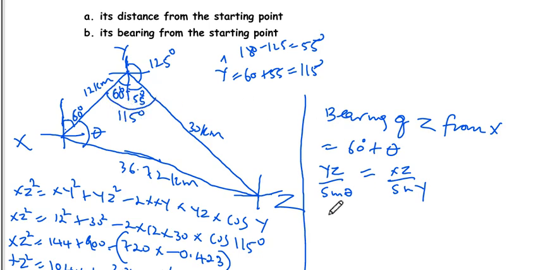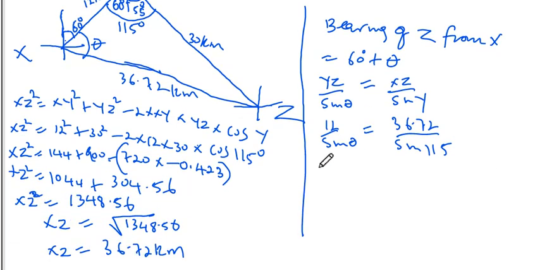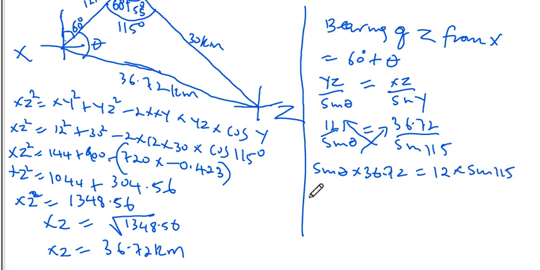So it becomes 12 over sine theta is equal to 36.72 over sine 115 degrees. When we cross multiply, sine theta times 36.72 is equal to 12 times sine 115.